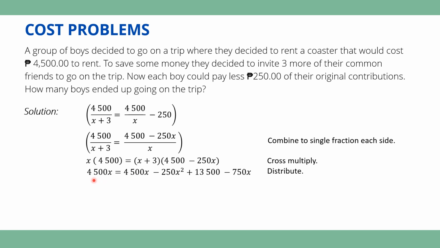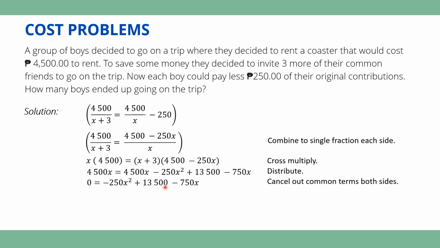And then for this case, makikita mo na may pwede kang i-cancel out. Dahil pag transfer mo tong 4,500x on the right side of your equation, or transpose mo siya, magma-minus ka ng 4,500x. So, therefore, makakancel out mo yung common terms on both sides. So, matitira na lang sa iyong equation is 0 equal to negative 250x squared plus 13,500 minus 750x.